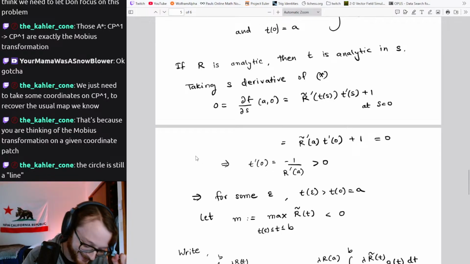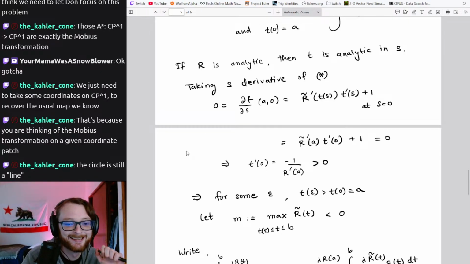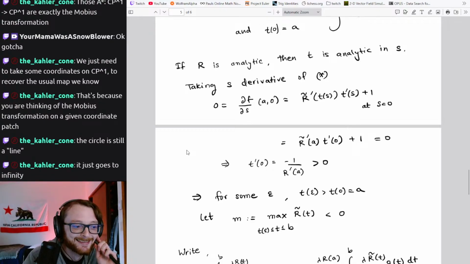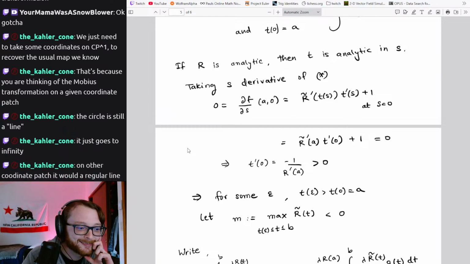Okay. On the other coordinate patch it will just be a regular line.